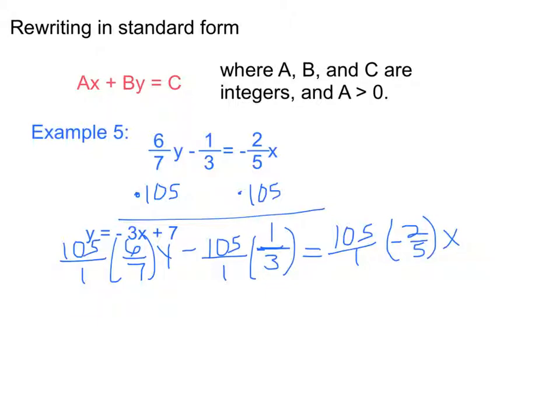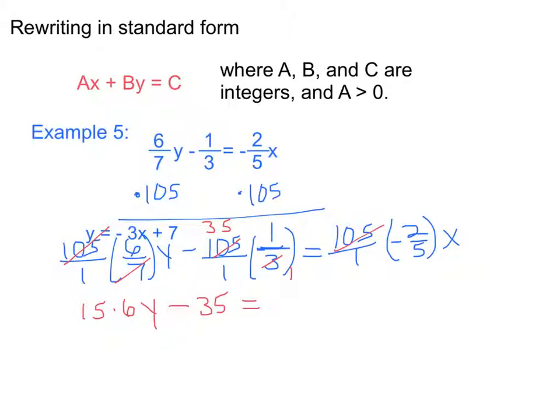And now we can start cross-reducing. So 105 and 7 are both divisible by 7, and we made it that way, so it should work. And 105 divided by 7 is 15, so we got 15, and we still have to multiply that by 6y, minus, and then we do 105 divided by 3, which is 35. So minus 35.